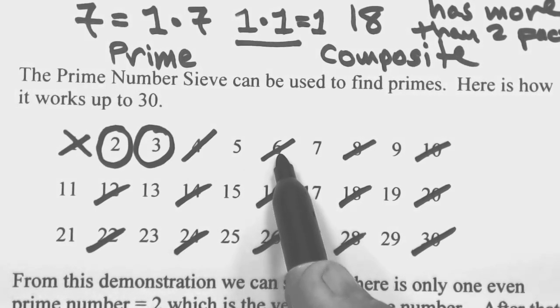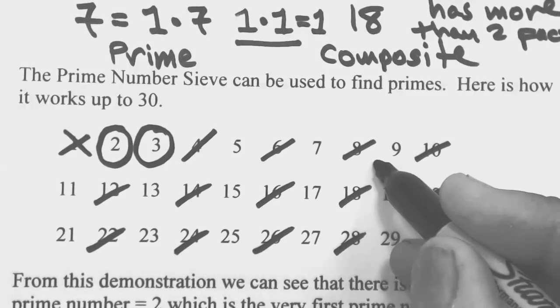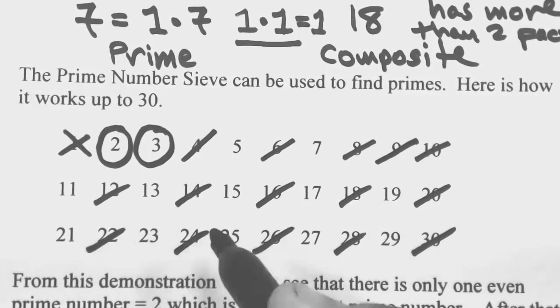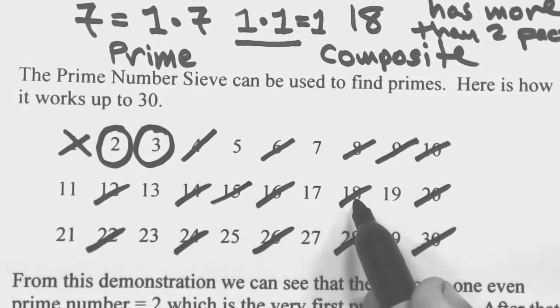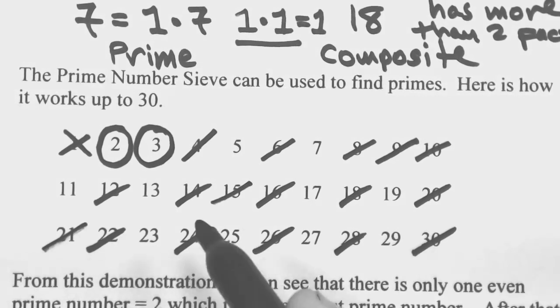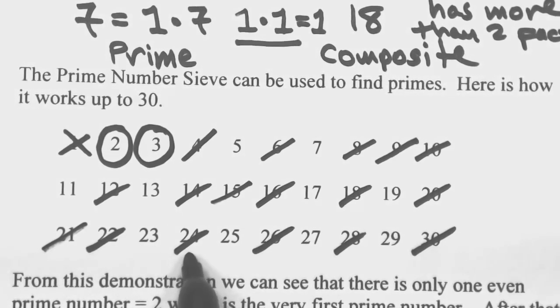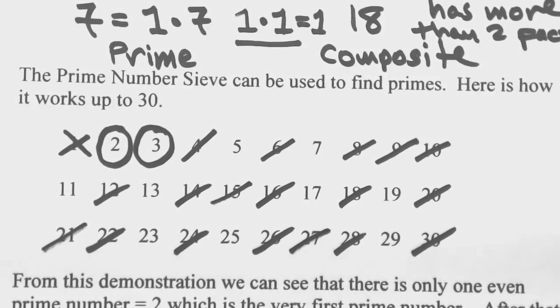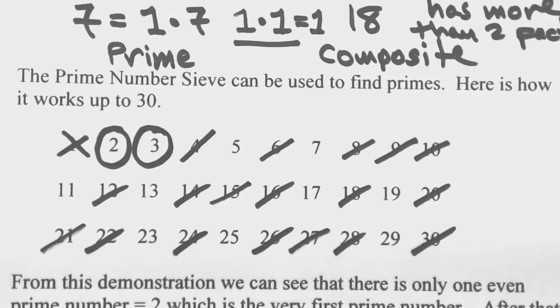We already knocked out 6, but now we can knock out 9. We earlier got 12, but there goes 15. 18 we got earlier, but now we get 21. 24 we got earlier, and now we get 27. So again, we see the power of how this sieve works. Very quickly, we're getting just about down to prime numbers here.